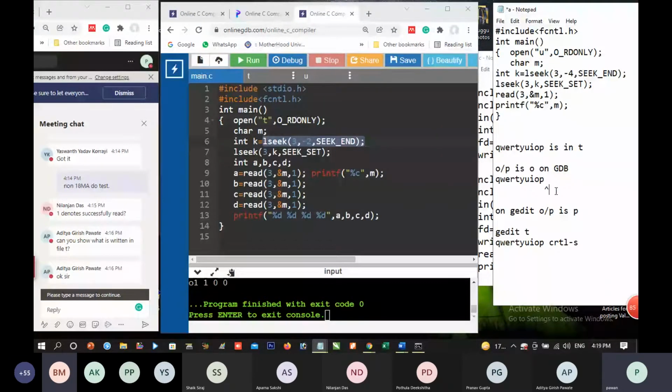This is in GDB. In Unix, when we use gedit, our file pointer is not here. Our file pointer and file end is here. Do you understand the difference? This difference is not because of Unix. This difference is because of editors.